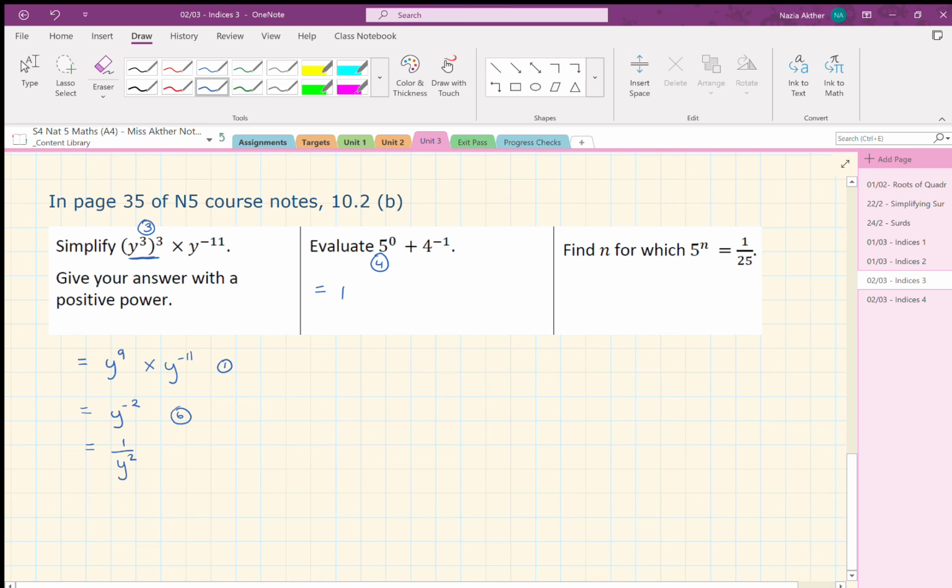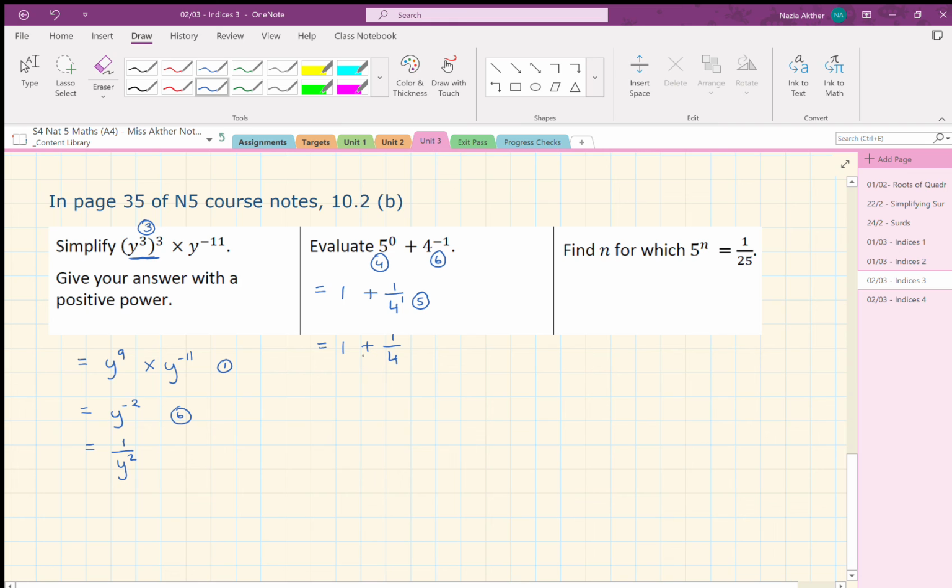We then use rule number 6 and write the 4 to the power of negative 1 with a positive power. So then that becomes 1 over 4 to the power of 1. Now we know that anything to the power of 1 is itself, so we can write this as 1 over 4. So again, we've used rule number 5 to do this.